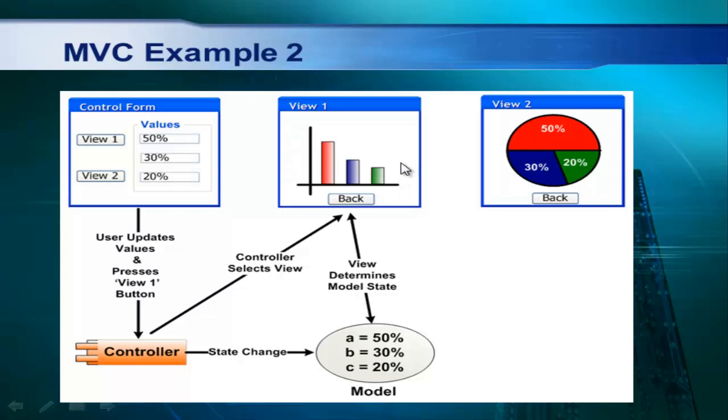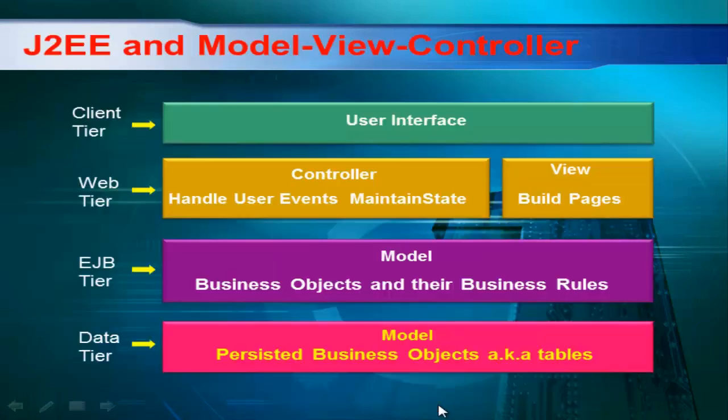If the user says no, I don't want to see this in the form of a bar diagram, the user clicks on the second button. This is a gesture from the user. It goes to the controller. The controller says, now this is the different form that needs to be activated. These values will be stored in the model.